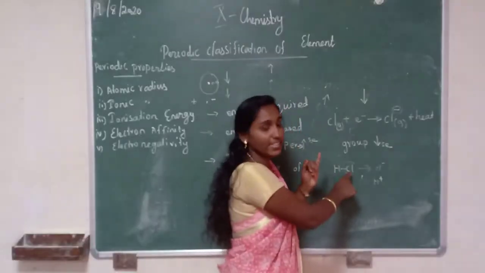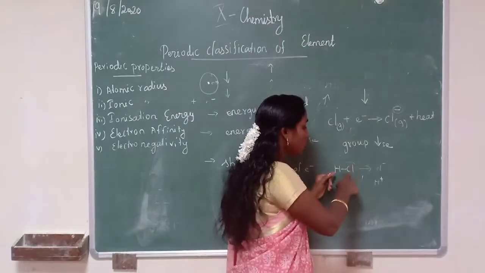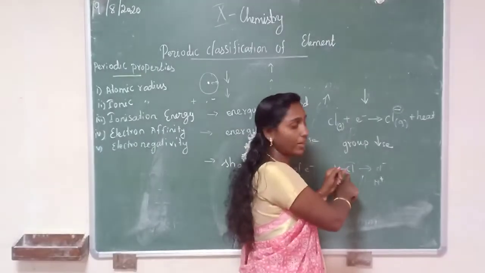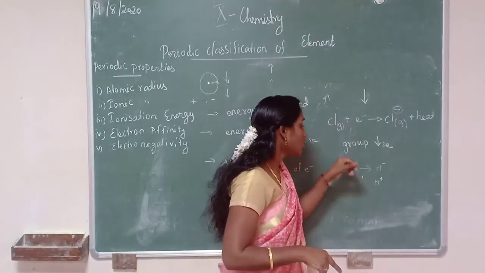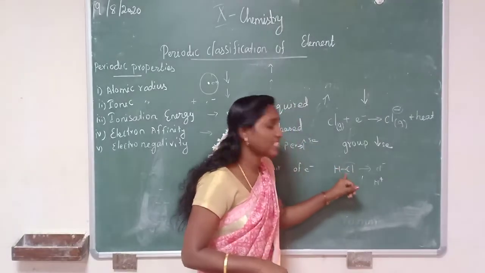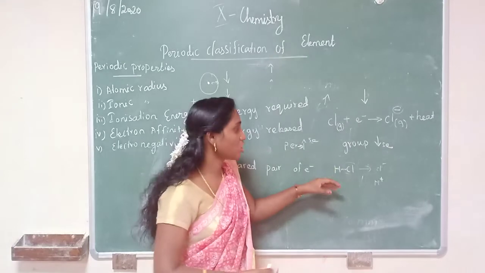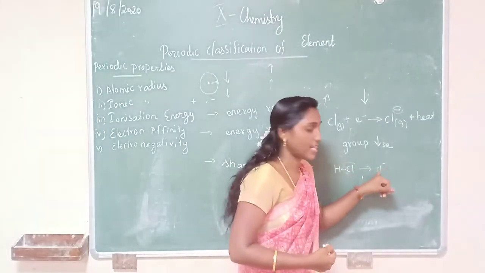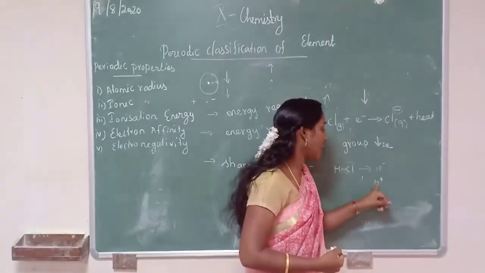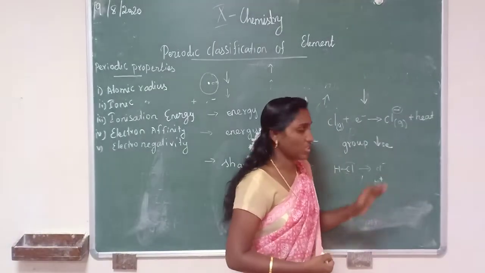Let us consider the HCl molecule. This chlorine has more electronegativity, so it will attract the shared pair of electrons towards itself to form a negative charge, that is Cl minus, and this hydrogen will get a positive charge.